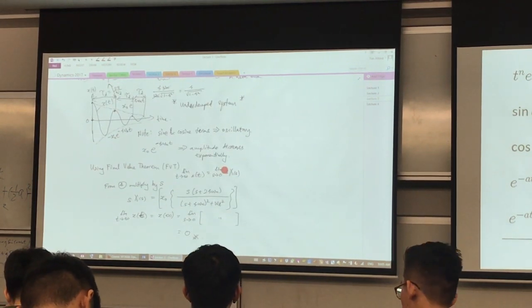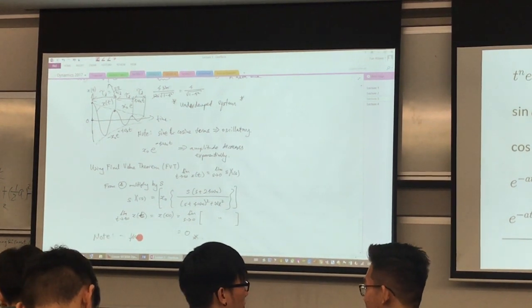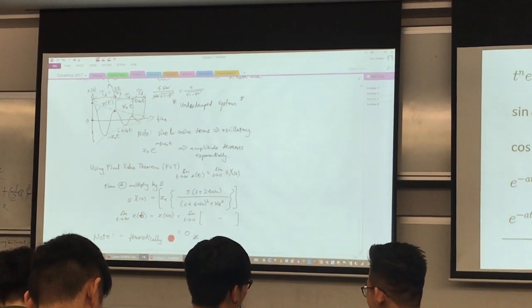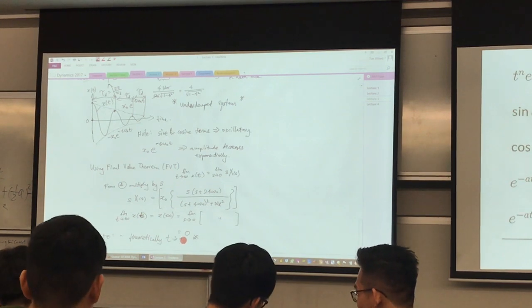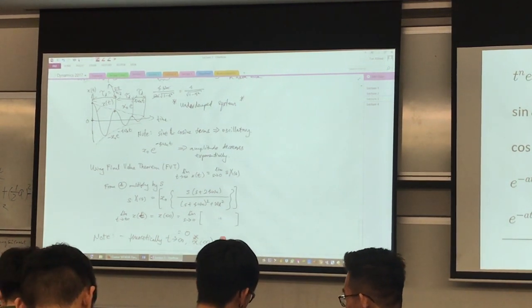So there are a few insights that I want to share with you. Theoretically, if t tends to infinity, your x infinity will be equal to 0.